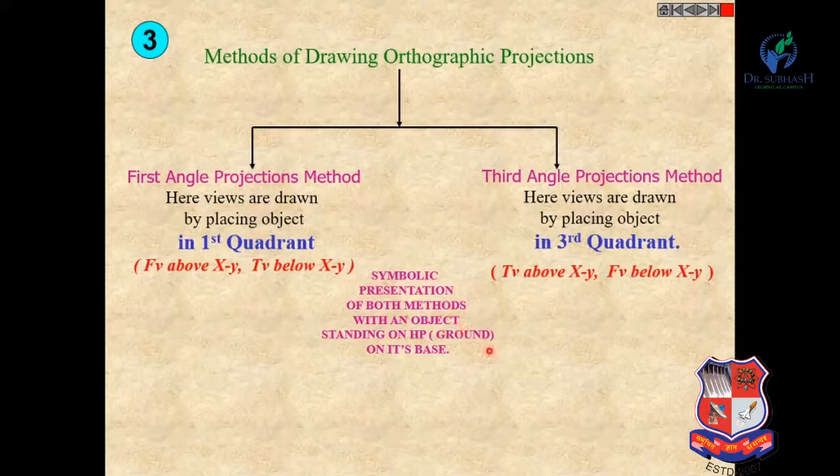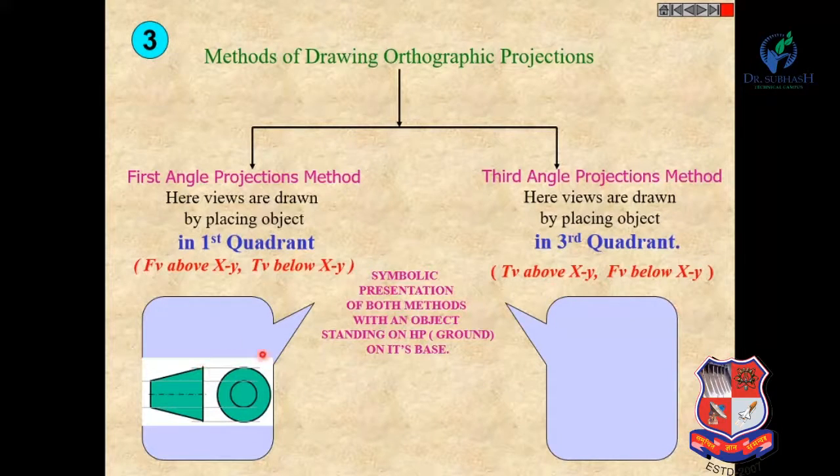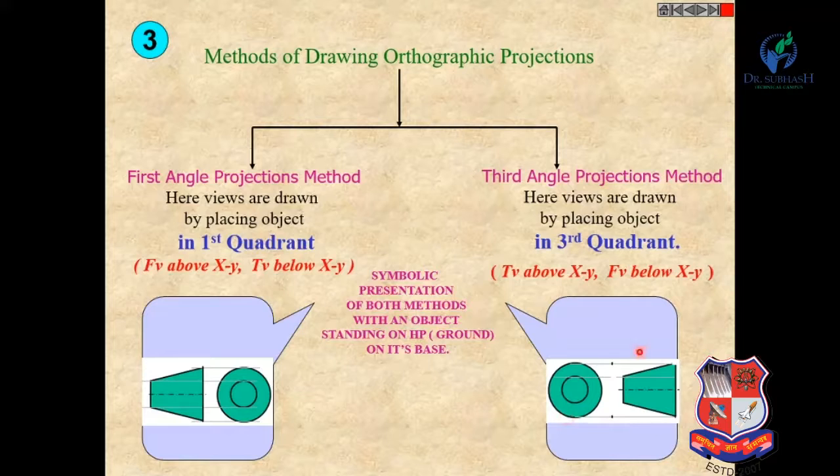Now let us see the symbolic representation of both the methods with an object standing on HP. You can see this is the symbol of the first angle projection method and this is the symbol of the third angle projection method. You have to remember both symbols. On the basis of these symbols, we can identify whether the drawing is in first angle or third angle projection method.